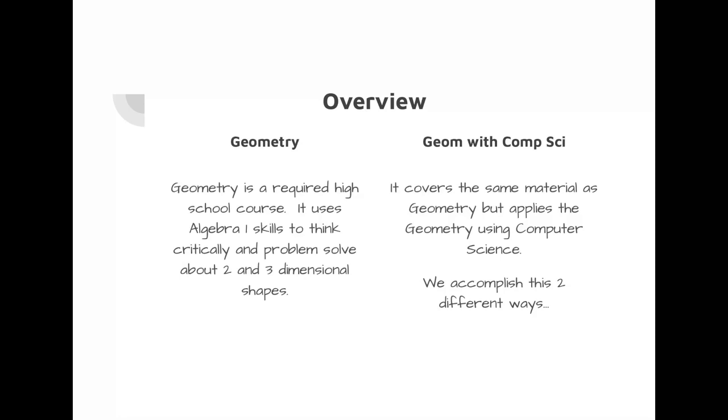The geometry with computer science is going to be the same exact course. It gets you the same exact credits and whatnot, but it's going to apply the geometry skills learned using computer science concepts. And in that course, we do that basically 2 different ways.